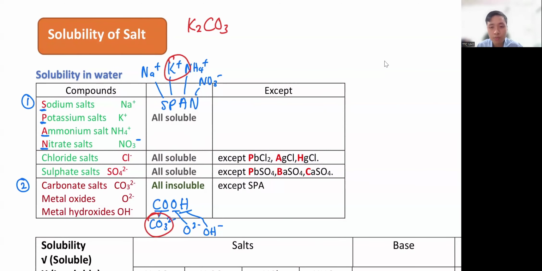Do you think it is soluble? When soluble and insoluble meet, SPAN comes first, meaning it is soluble, because of K. All SPAN salts are soluble no matter what they meet. But carbonate or COH are all insoluble, except when they meet SPAN, then it is soluble.